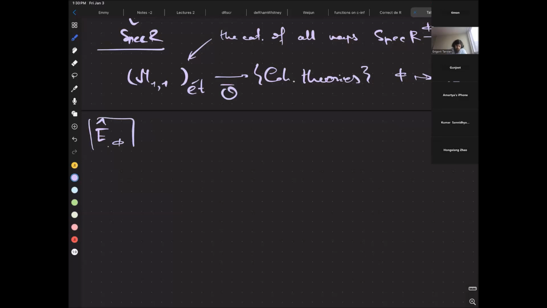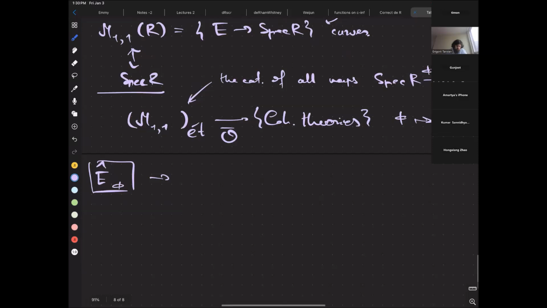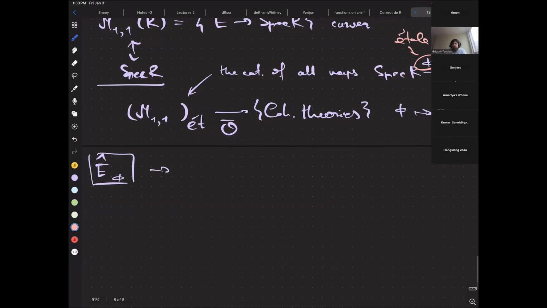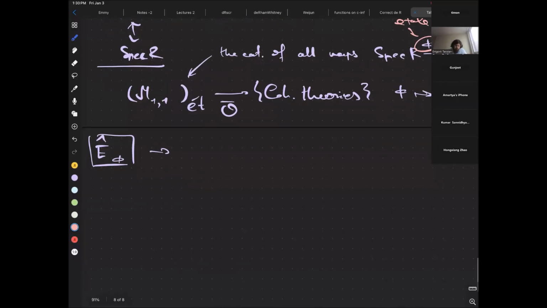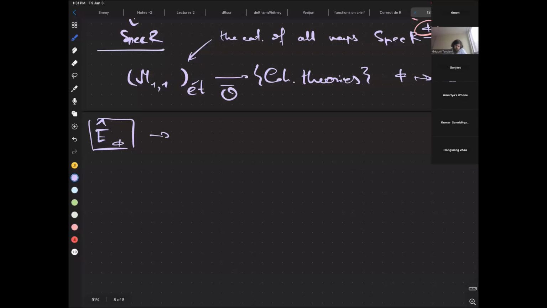So you get a formal group, and because this map is étale, the functor will be exact. So in particular, you get an actual cohomology theory and not just some sort of functor from the category of topological spaces.